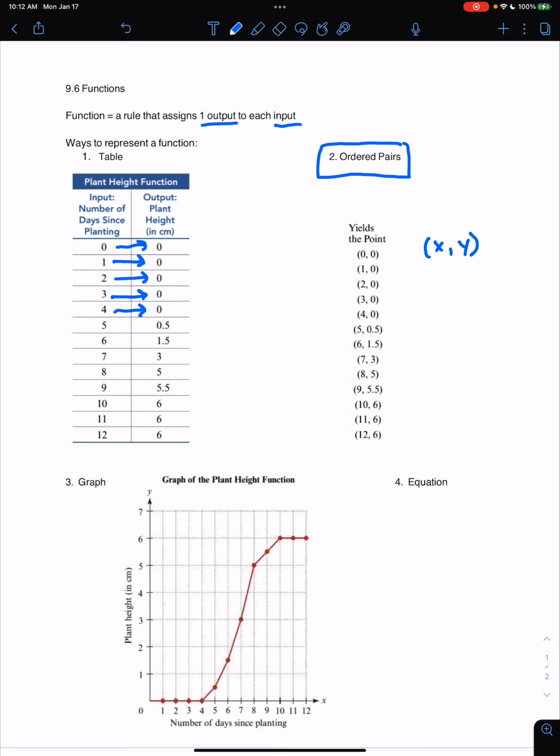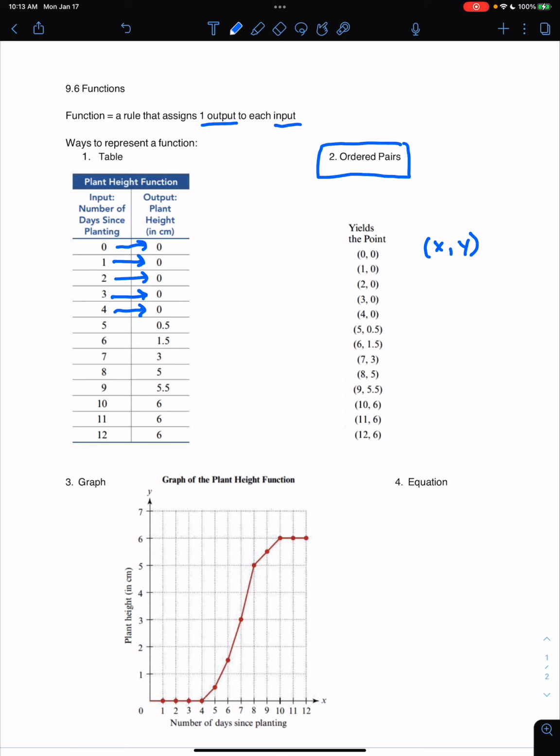The first value in each of these ordered pairs represents the input, the number of days since planting, and the Y value in the ordered pair is the height of the plant in centimeters.